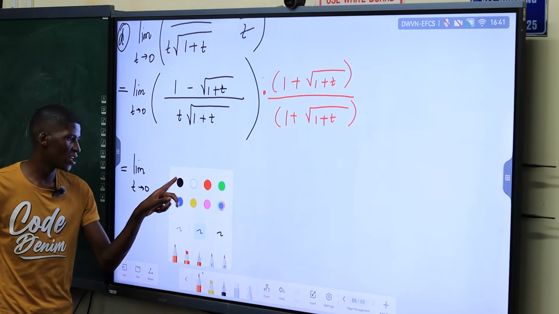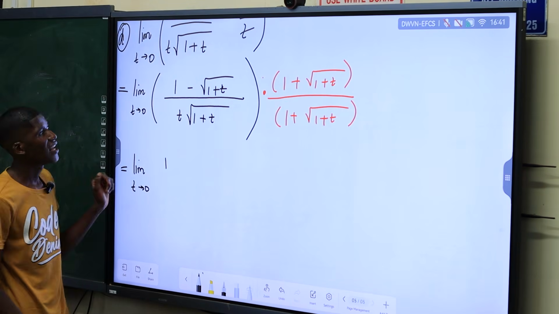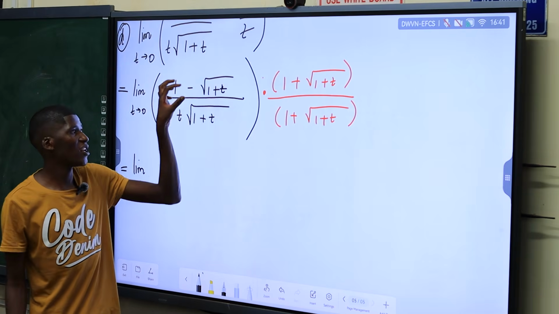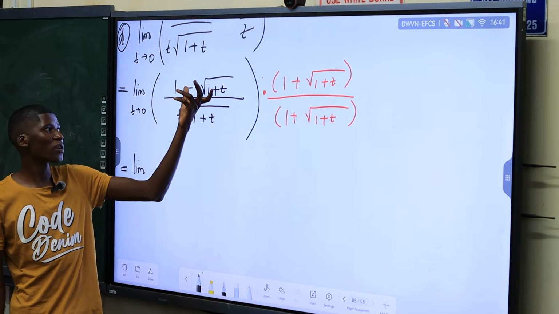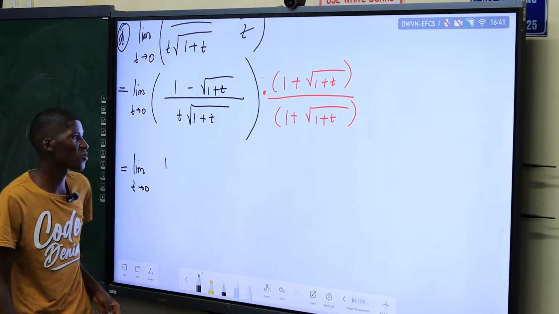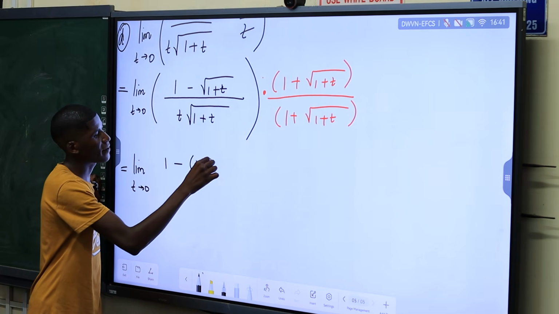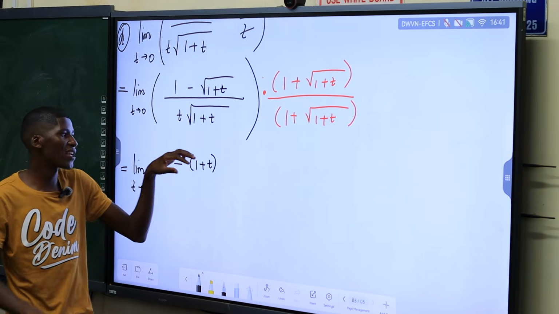So you just say 1 times 1 is 1. And then the middle terms, 1 times the root and the root times 1, will cancel out, right? So this will be negative square root of 1 plus t times the square root, which gives minus 1 plus t, because the square root of 1 plus t times the square root of 1 plus t gets rid of the square root.